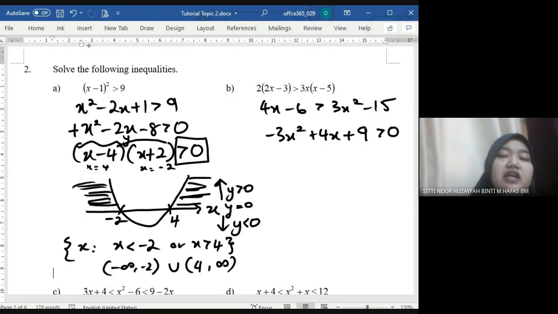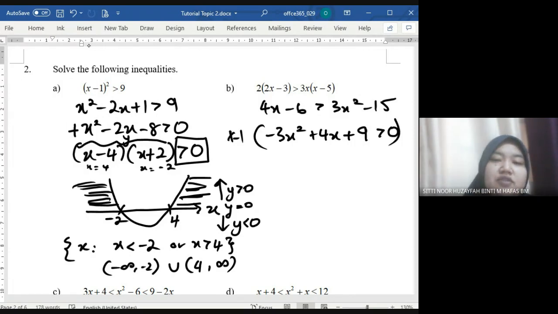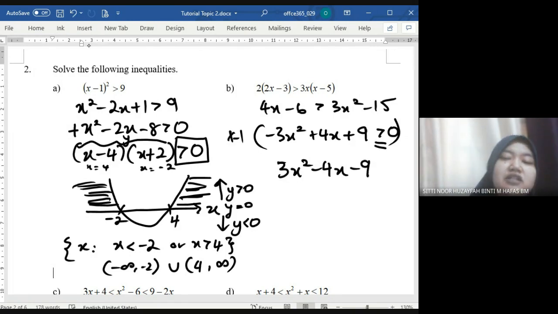So kalau negatif, nak lukis graf akan jadi masam. Tapi kalau boleh saya tak nak masam-masam tu, takut you confused. So apa yang kita buat? Kita positifkan untuk x squared ni. So kita darab negatif 1, kita akan dapat 3x² − 4x − 9. So the direction here will be less than 0.